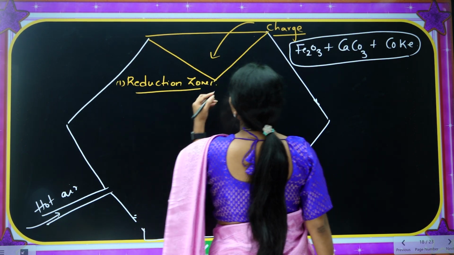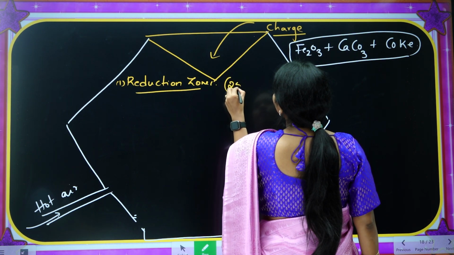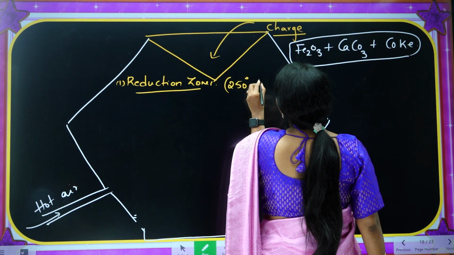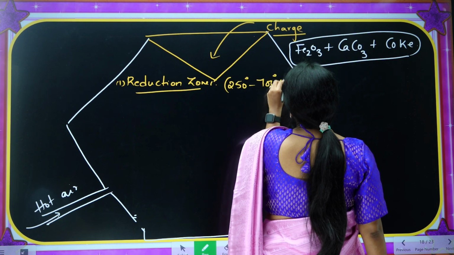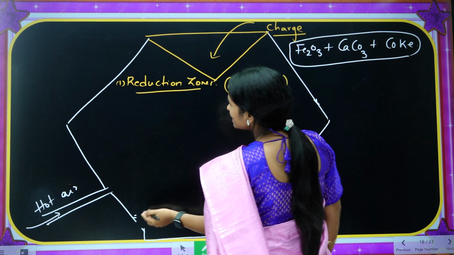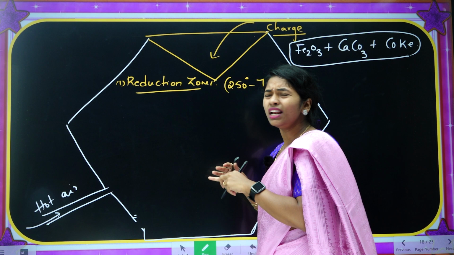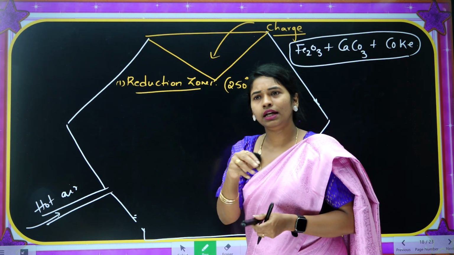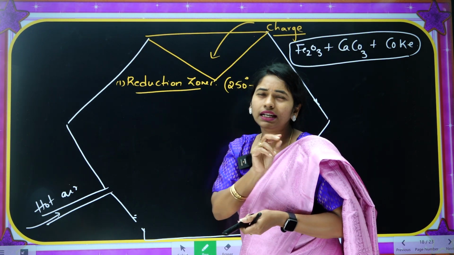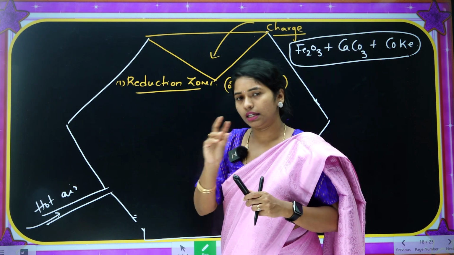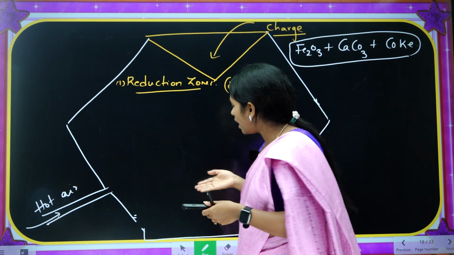It is a low temperature zone, around 250 degrees Celsius to 700 degrees Celsius. Here I am using degrees Celsius; in NCERT it will be given in Kelvin. Different literatures and different authors maintain slight variations in the temperatures, so you need not worry.